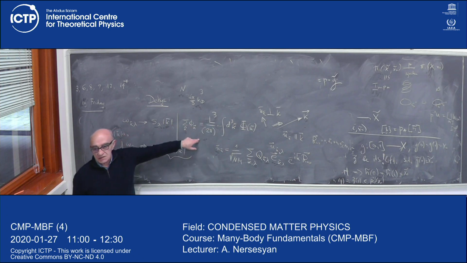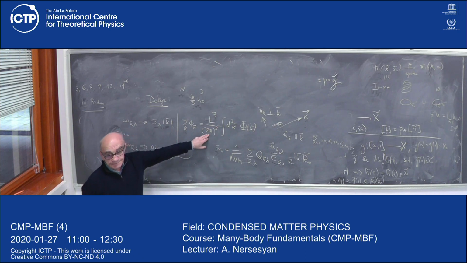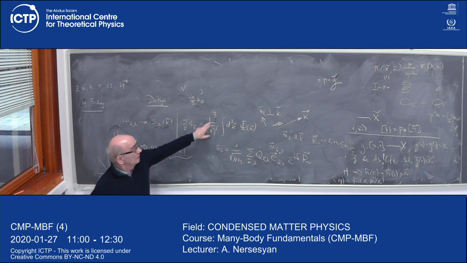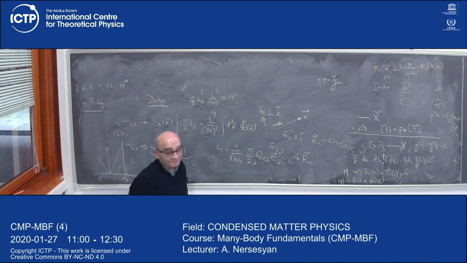This is the density, L cubed over (2 pi) cubed. Oh, yes. Thank you. Correct. This is the density of momentum states, which, as you can see, does not depend on momentum at all. It's just a number determined by the volume, right? So you multiply the volume by L cubed divided by (2 pi) cubed, and this has to be equal to it.